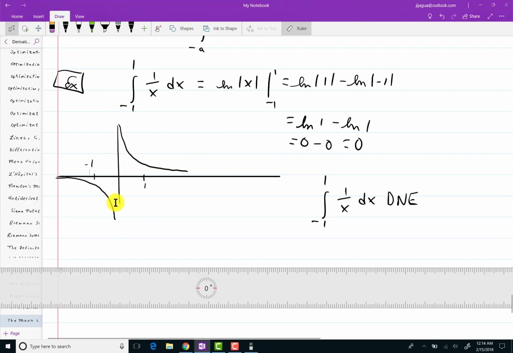How tall are you going to make this rectangle? It has to be infinitely tall or infinitely deep also. Since the function is unbounded, the integral does not exist.